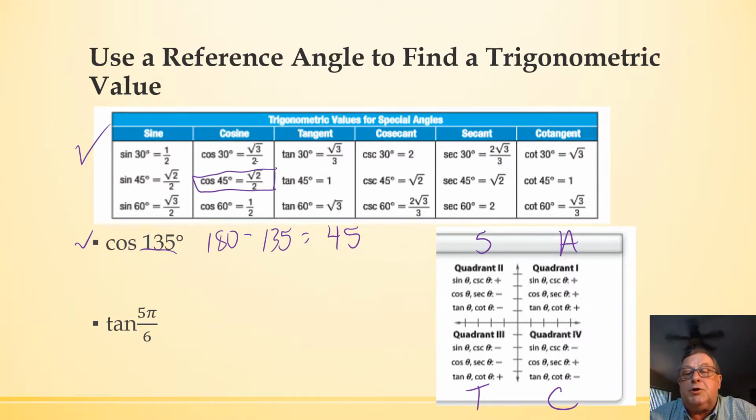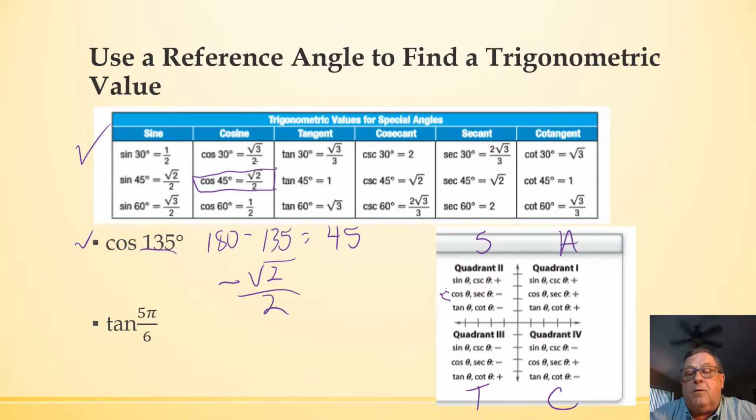However, we're in quadrant 2, and in quadrant 2, the cosine functions are going to be negative. So the trigonometric value is therefore going to be negative square root of 2 over 2.